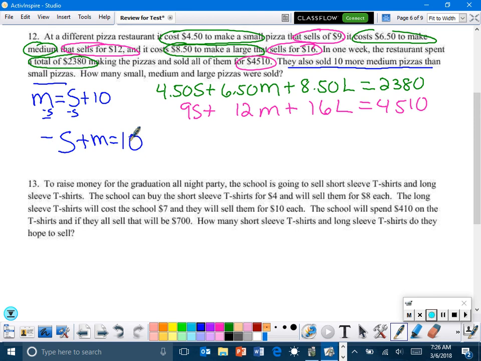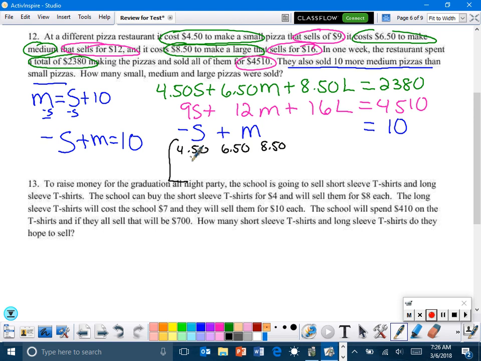So the negative S is going to go here. Negative S plus the medium. There is nothing mentioned about the large, so there is no large there, equals 10. All right, so my matrix on this one, didn't leave myself much room. The top row is 450, 650, 850.